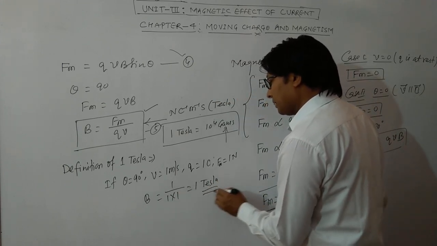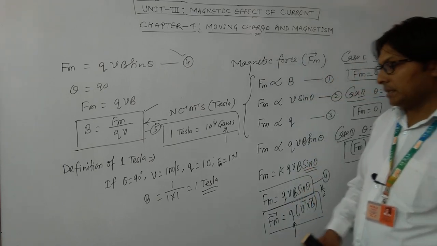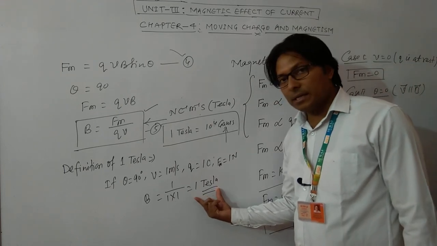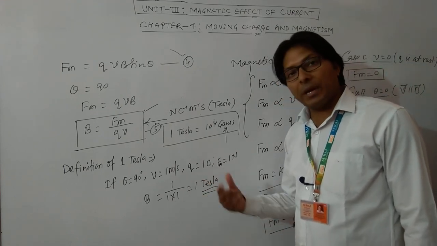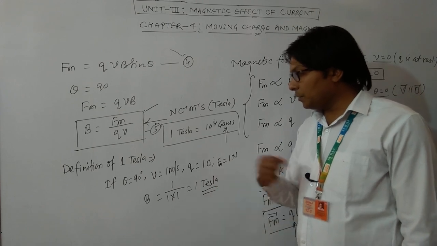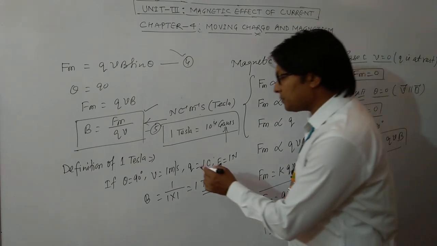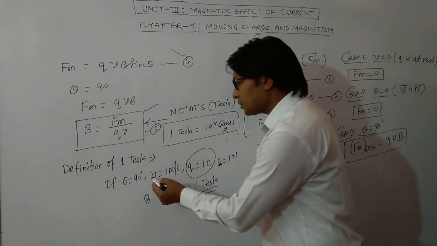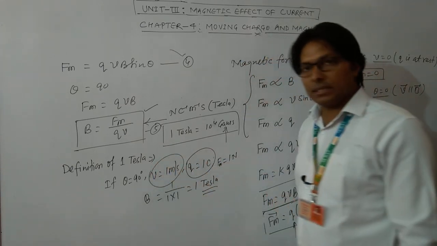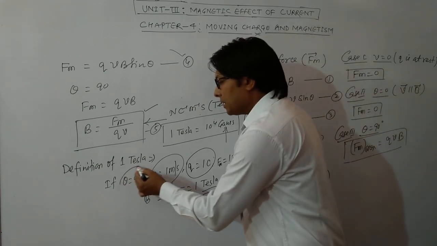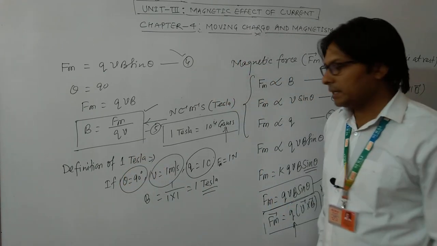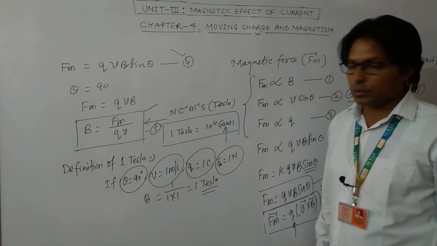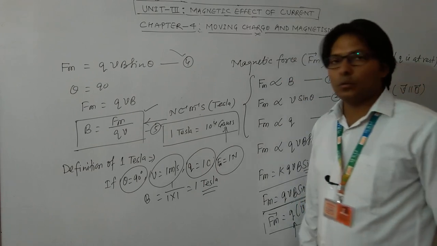So now you can define 1 Tesla here. How can we define 1 Tesla? 1 Tesla is the value of the magnetic field in which a charged particle of 1 coulomb charge, moving with a velocity of 1 meter per second in the direction perpendicular to the magnetic field, experiences a force of 1 Newton. So this is how we can define 1 Tesla.